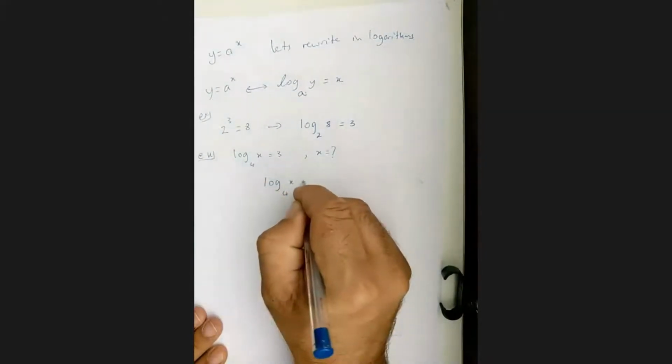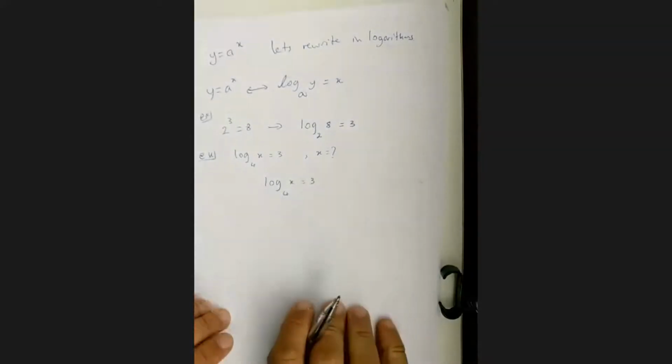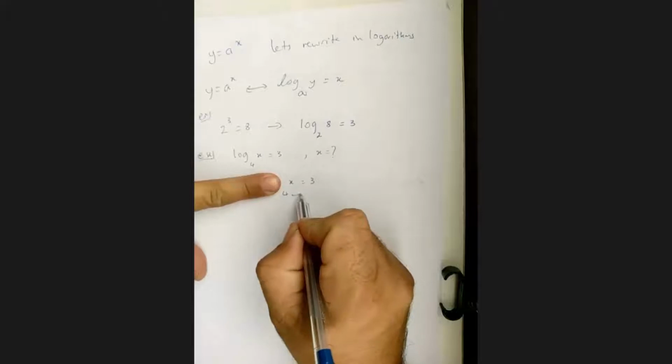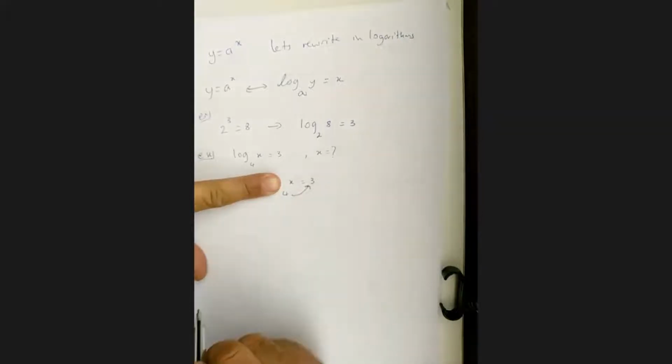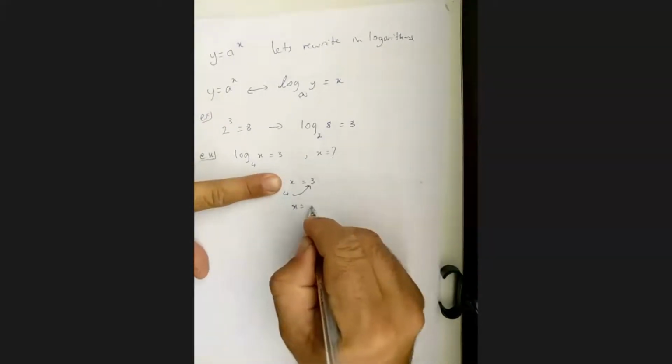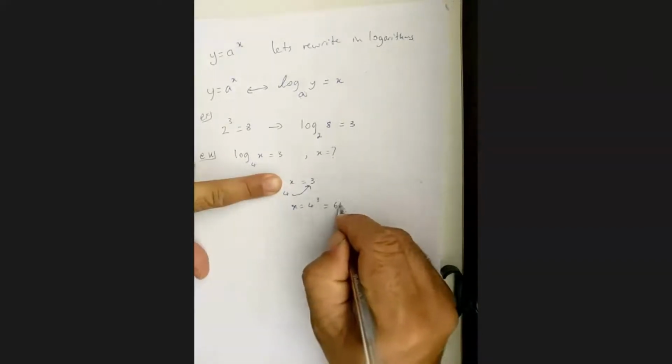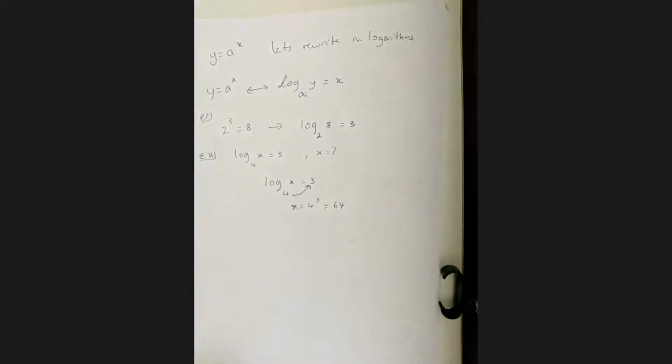The easiest method is that close that log here and move that 4 as the base of 3. So x is going to be 4 cubed, which is 64. That's how we solve a logarithmic equation.